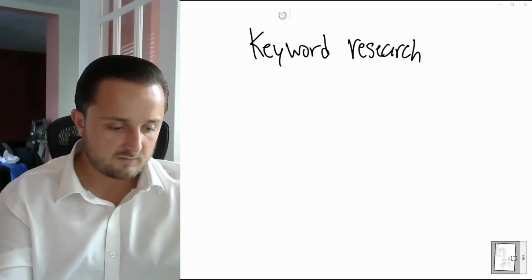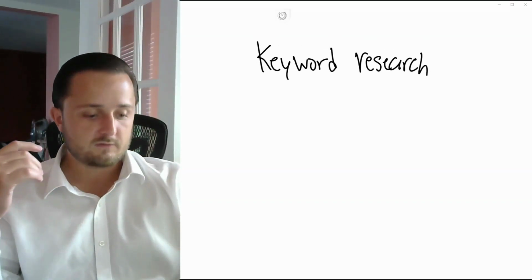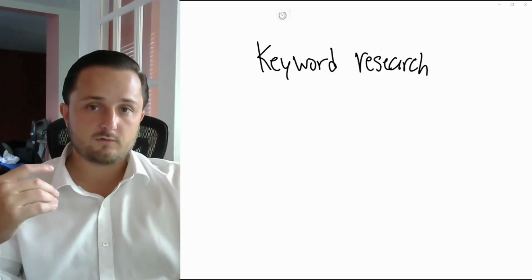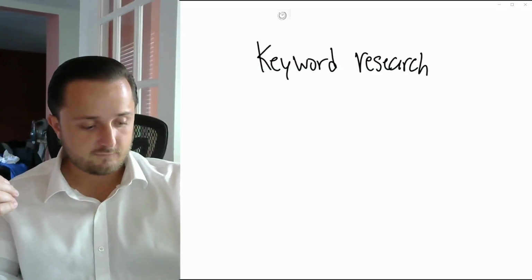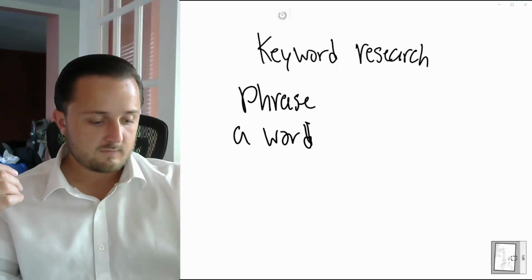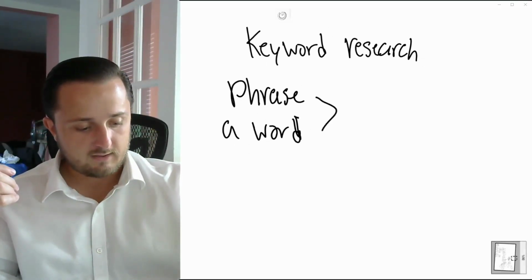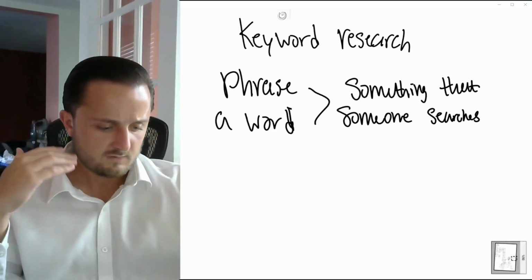So what does this mean? What is a keyword? What is keyword research? So a keyword in search engine optimization is a phrase, a word, or another way to think about it is something that someone searches, right? So what does that mean?